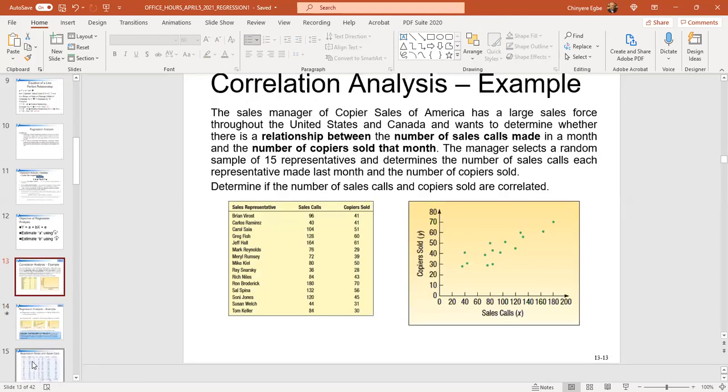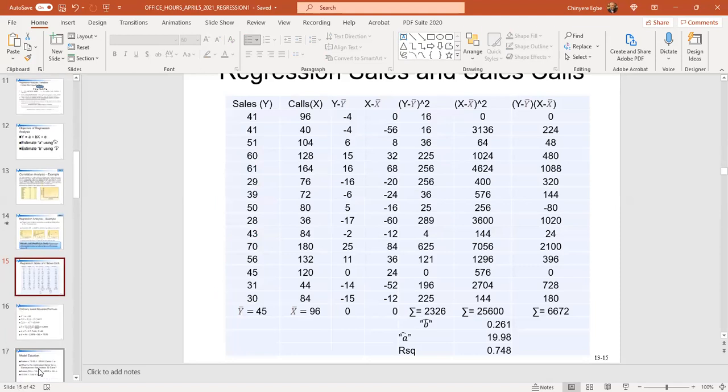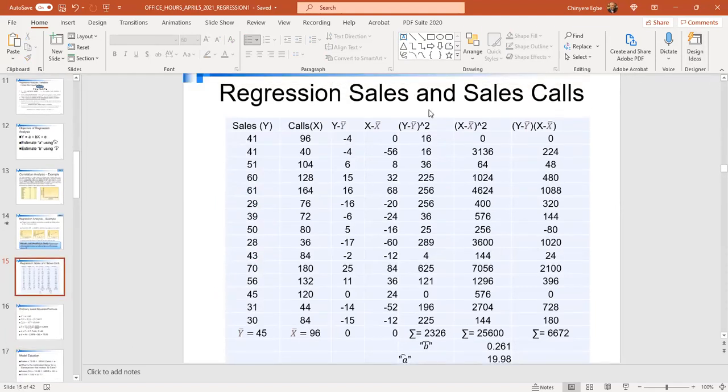I'm going to provide an illustration, and we're going to use an example. This is sales and sales calls. Now we are looking here at a situation where we are dealing with salespersons, and so the more sales calls the salesperson makes, the more sales they are likely to make.